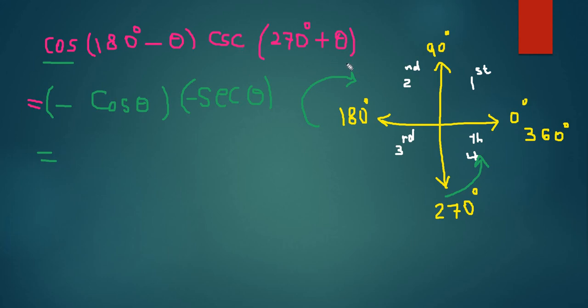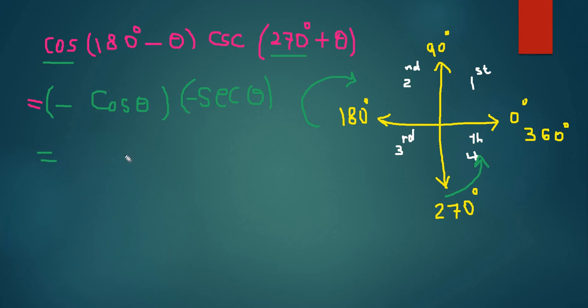Cosec of 270 plus theta is in the fourth quadrant. Cosec in the fourth quadrant is negative. But with 270, convert cosec to sec. Therefore, the result is negative sec theta.